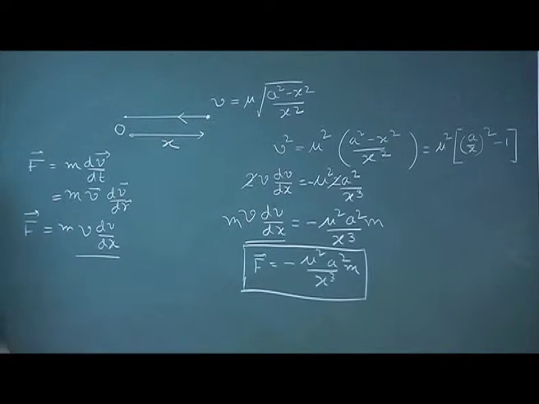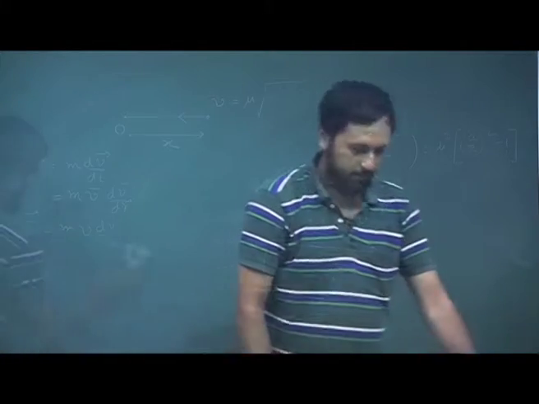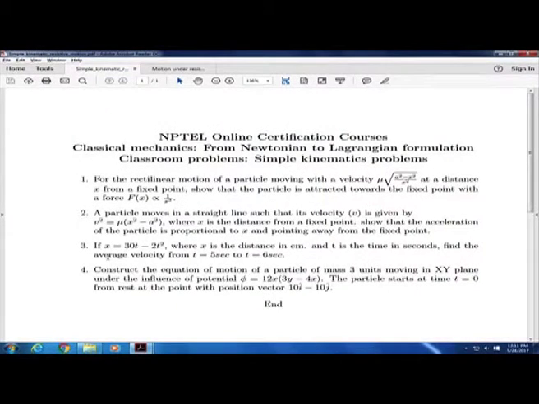Right. Now, let us move to the next problem. The next problem is also very much identical to the previous problem. Here the velocity is also given as a function of x, and if you follow the exact same procedure, then you will find that the force, which will be v dv dx, will be proportional to x, and it will come with a positive sign if you simply perform the derivative here.